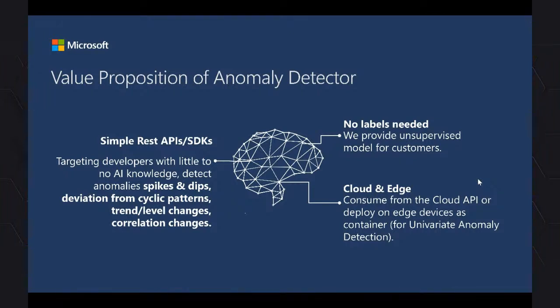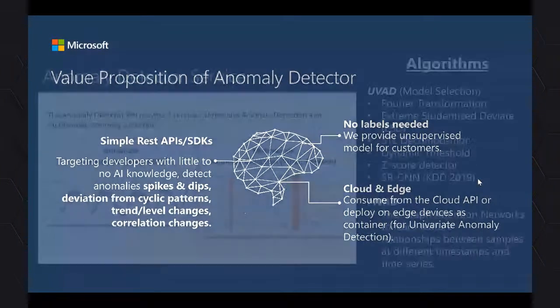The second thing is that you don't need to provide your labels. Our service, Anomaly Detector, is an unsupervised model for customers to use. And the third is that sometimes customers might have needs like deploying on the edge. So we support both cloud and edge for you to use Anomaly Detector.